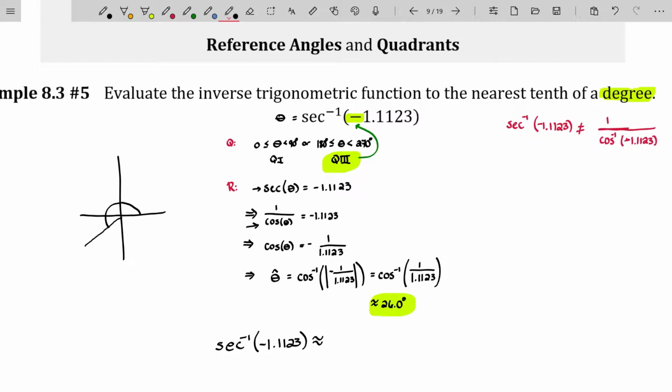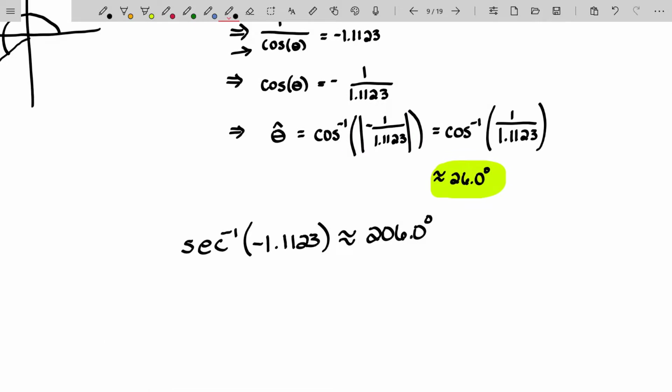We have this reference angle of 26 degrees. So we went 180 plus an additional 26, we are actually at 206 degrees. So roughly 206.0 degrees. And that is the secant inverse of negative 1.1123.